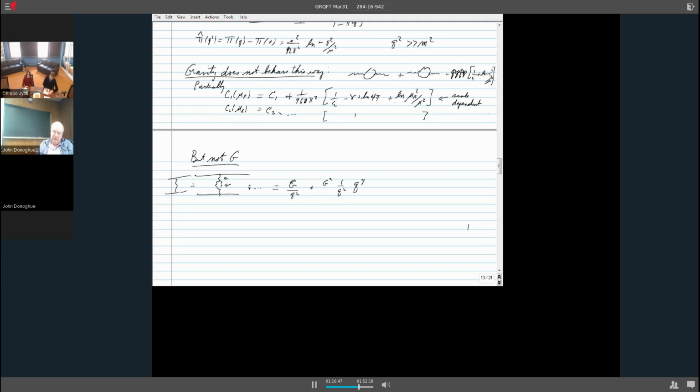Okay, and this one has something similar. We don't need to do that, but basically when I renormalize, I get C1 and C2 that depend on the scale at which I renormalize. So this is scale dependent. So those are like the running of the electric charge, logarithmic running. But G doesn't have this feature.